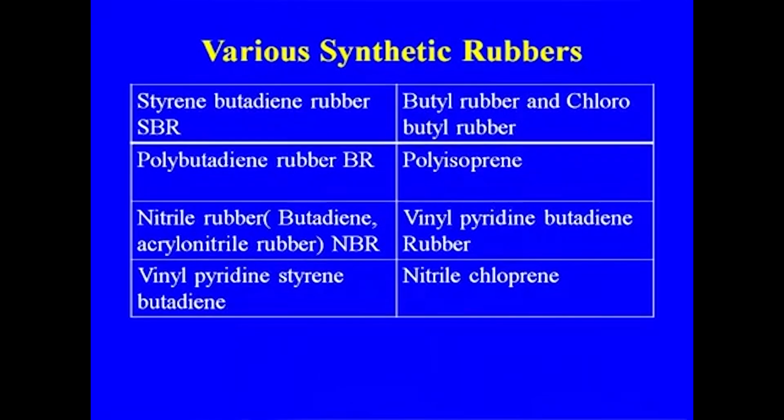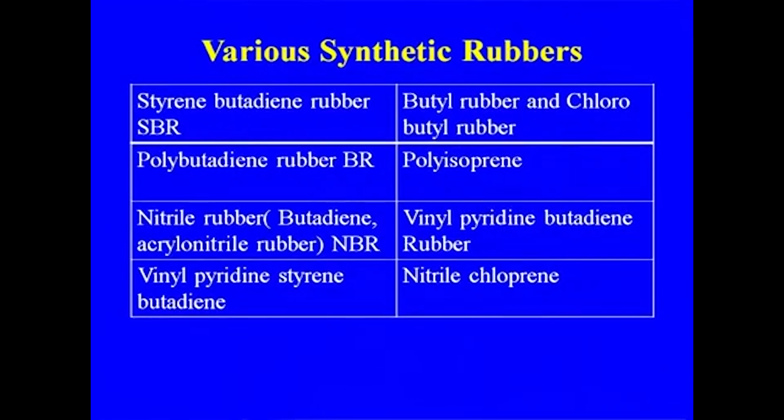Then vinyl pyridine styrene butadiene rubber, butyl rubber and chlorobutyl rubber, and polyisoprene. While discussing C4 and C5, I said about 8 to 10% isoprene is available from the C5 stream of the cracker plant or the FCC, so that can be recovered and made available to synthetic rubber.